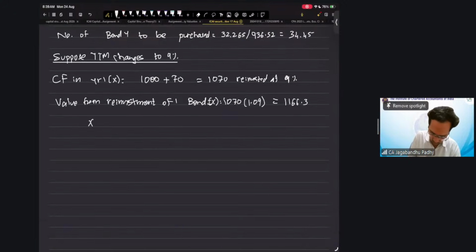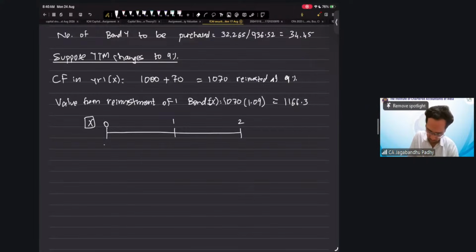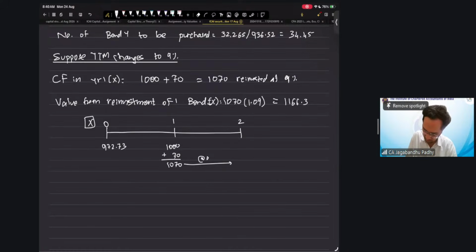So with regards to bond X, we are in year 0, 1, and then 2. You purchased at a price of 972.70. You received 1000 plus you also received 70. This entire 1070 was reinvested at 9%, and that matures at 1166.3.